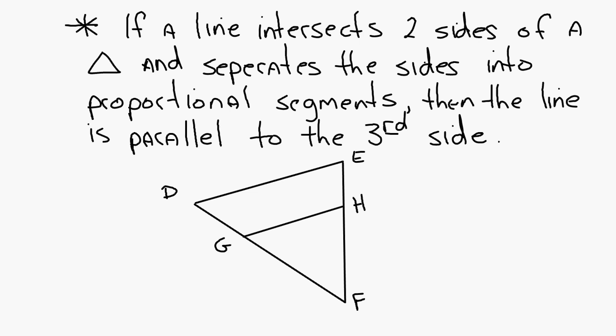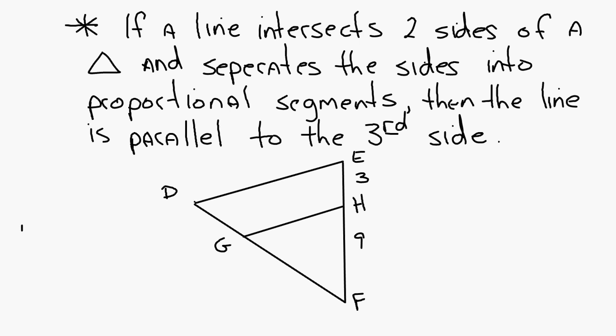Example 2 says, in triangle DEF, EH equals 3, HF equals 9. Then it says DG is 1/3 of GF. So D to G is 1/3 of G to F.